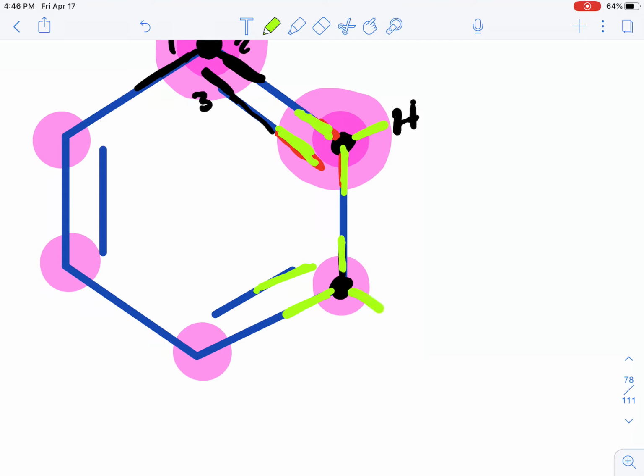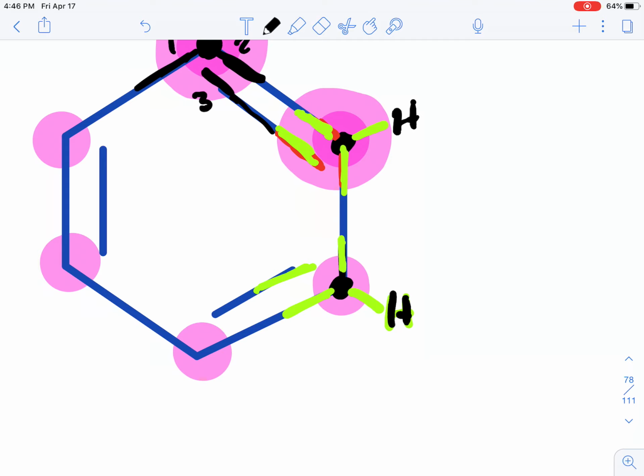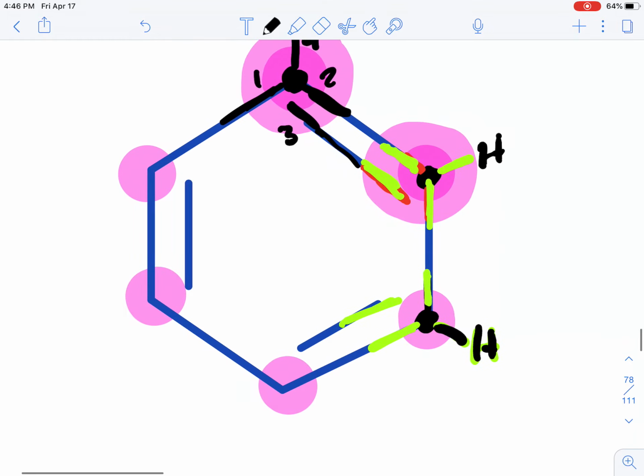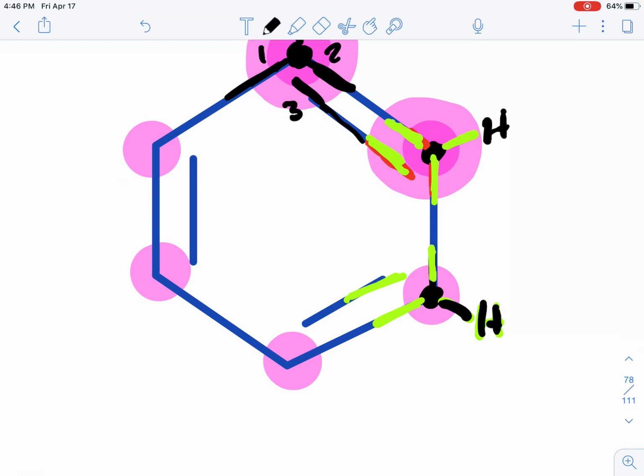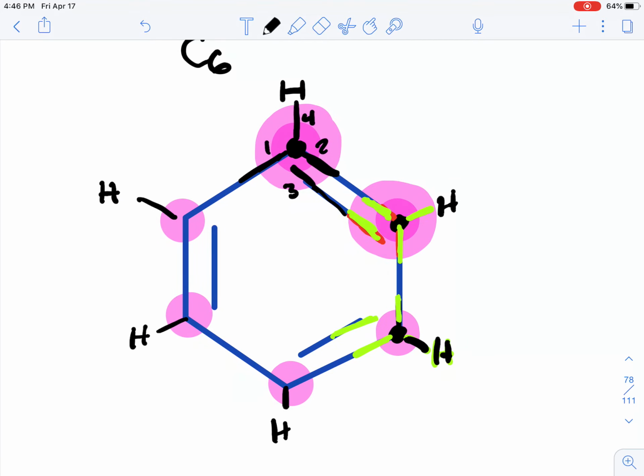And so for the 4th, we need 1 more, and that's going to belong to that invisible hydrogen. All right. And so if you apply that logic for all of the carbons that you see here, you'll find that there's 1 hydrogen, 1 hydrogen, and 1 hydrogen that is invisible in the skeletal structure.